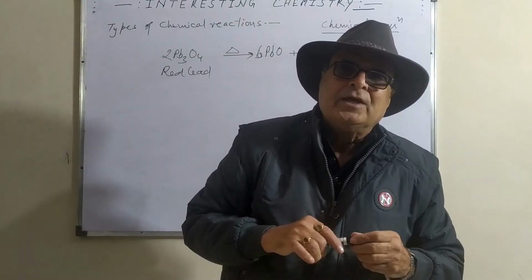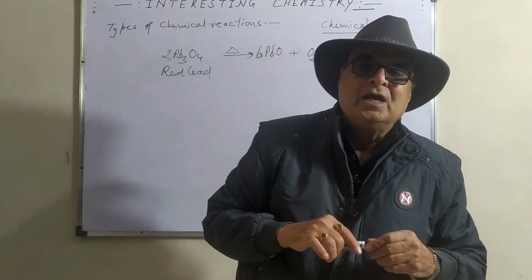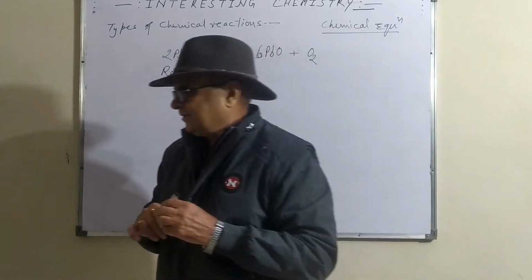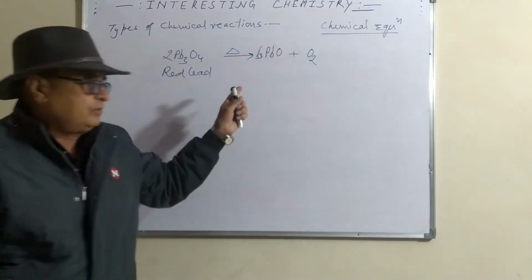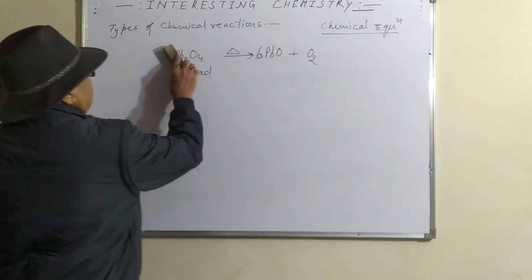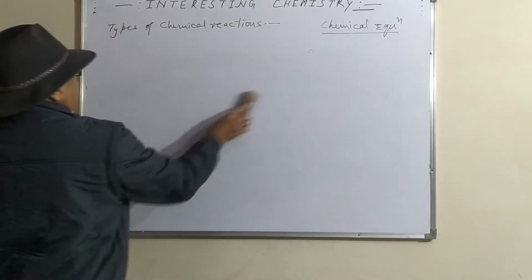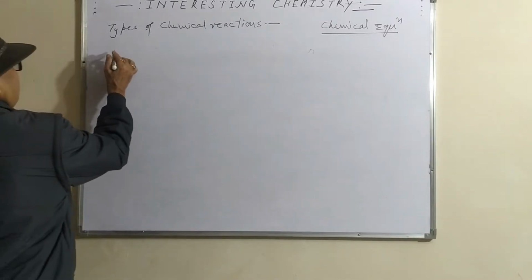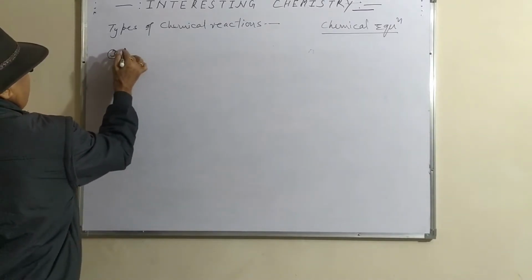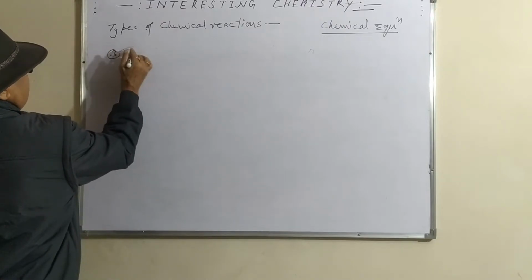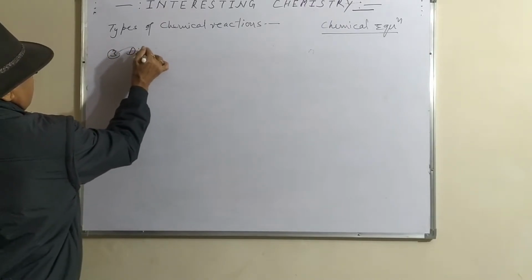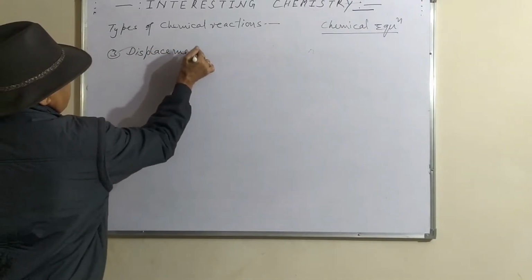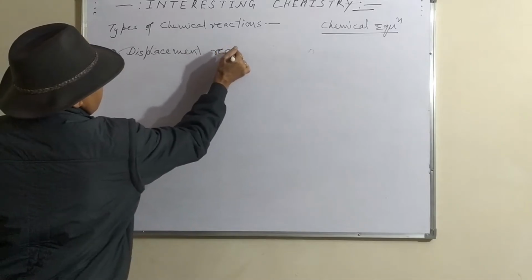The next type of reaction is the displacement reaction. I have told you about the types of reactions, and now I am telling you about the displacement reaction. Displacement is the third type of reaction. What are displacement reactions?